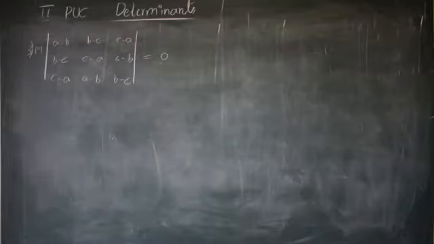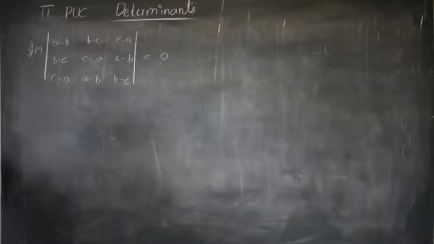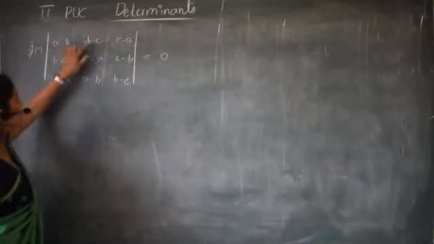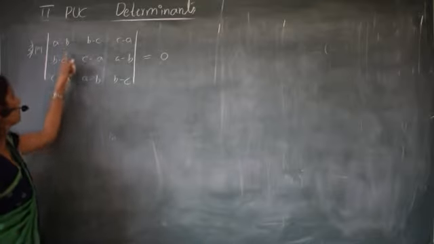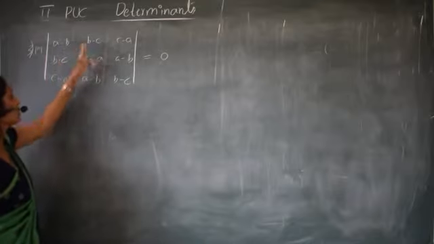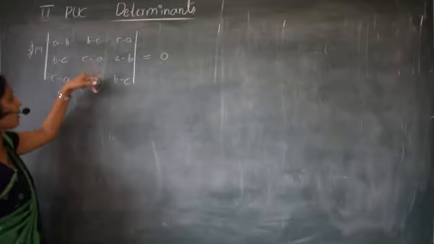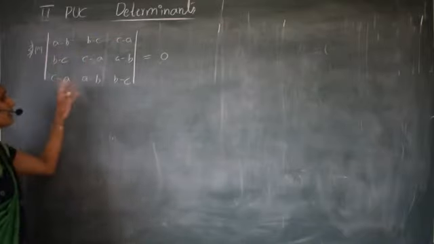Here, when you see the terms, row 1 is A minus B, B minus C, C minus A, and column 1 is A minus B, B minus C, C minus A. So C2 and R2 are the same, C3 and R3 are the same.